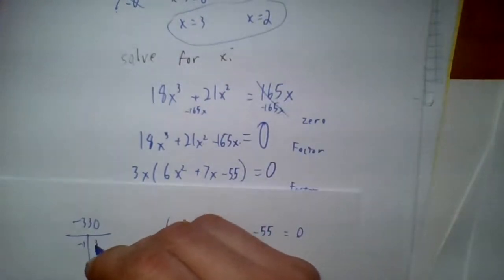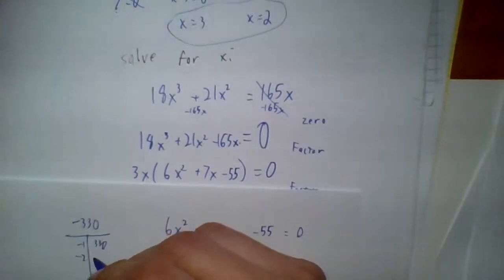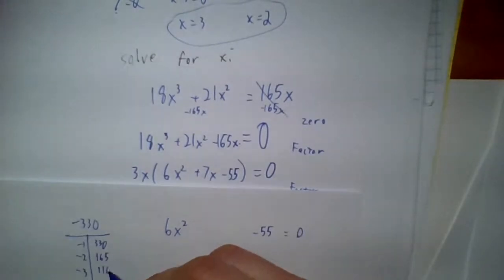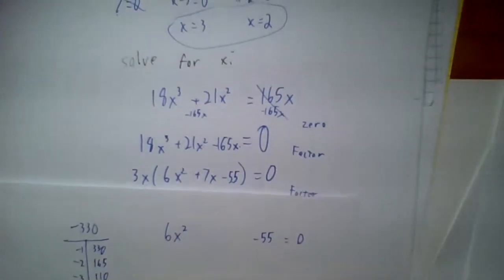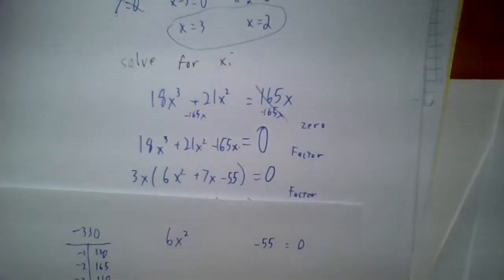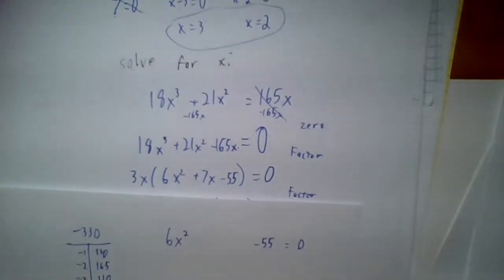So, oh wow. 3 goes into it evenly. Need stuff that adds up to 7, so they got to get closer together. 4 doesn't go into it. 5 goes into it, 66 times. 6 goes into it, 55 times.